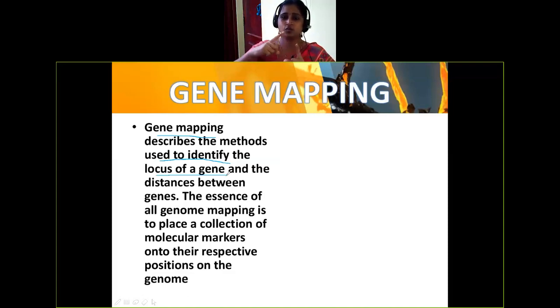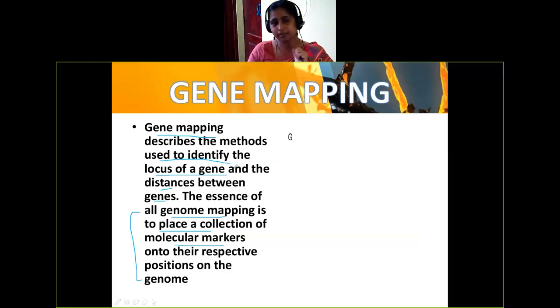We can say it is 5 centimorgan, 6 centimorgan, like that, with distance. The essence of all genome mapping is to place a collection of molecular markers onto their respective positions on the genome. This part we are going to discuss in molecular biology, about codons and selectable markers. Let us see only the gene mapping here.